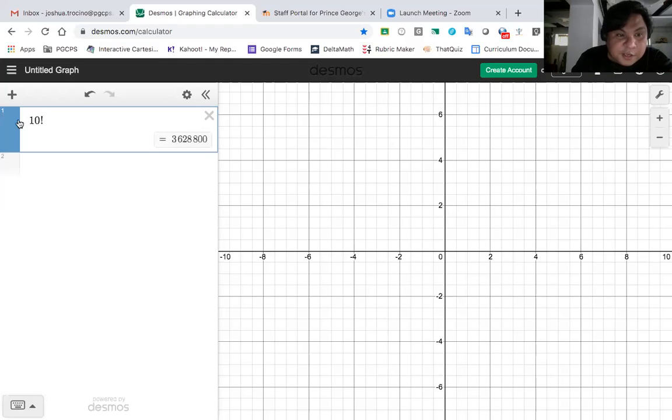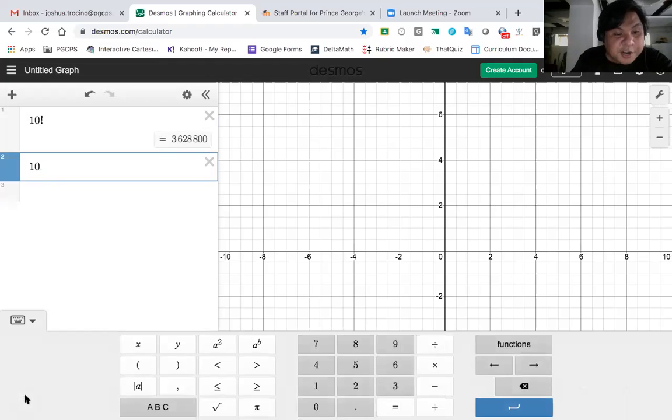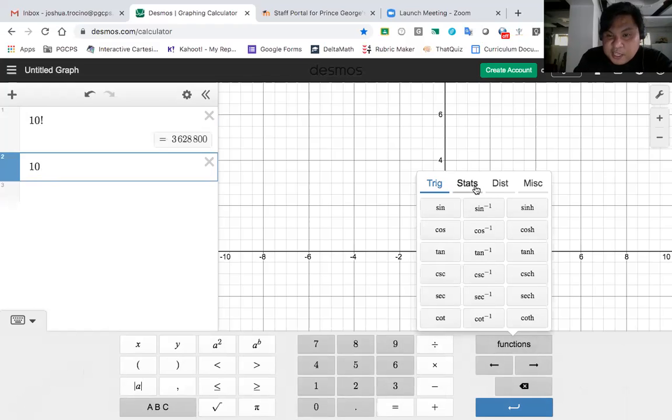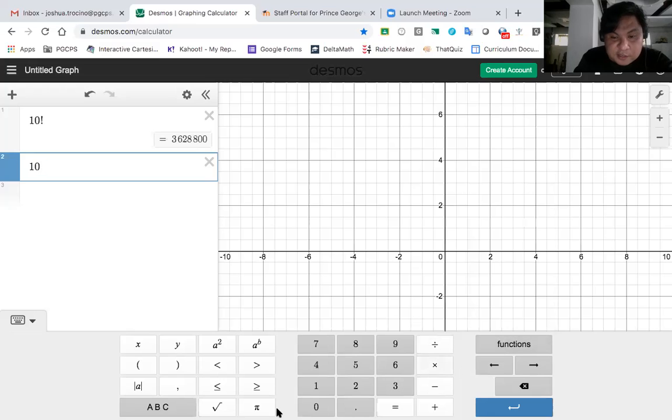But what if you don't have Desmos on your laptop? Let's say you don't have a laptop, you're only using your phones. That's fine. We can still type 10 there, and then you can use this keyboard. The factorial should be there. I think it should be under functions, then I think stats, maybe miscellaneous.